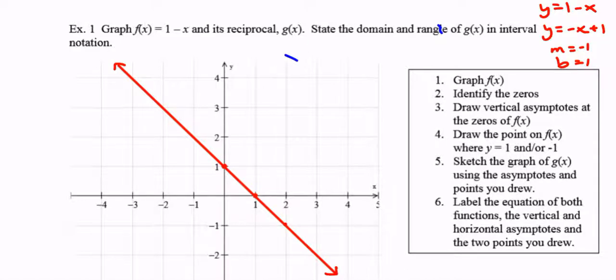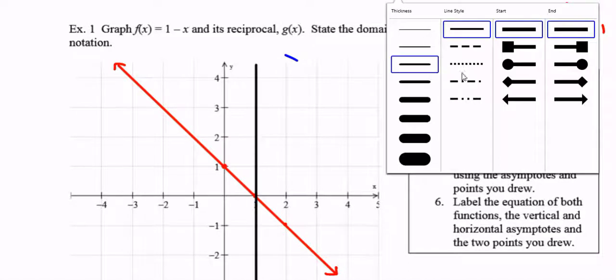So let's make our vertical asymptotes green. I'm going to draw a line again from up here all the way down. I'm going to make that a dotted line if I can. Let me just see.